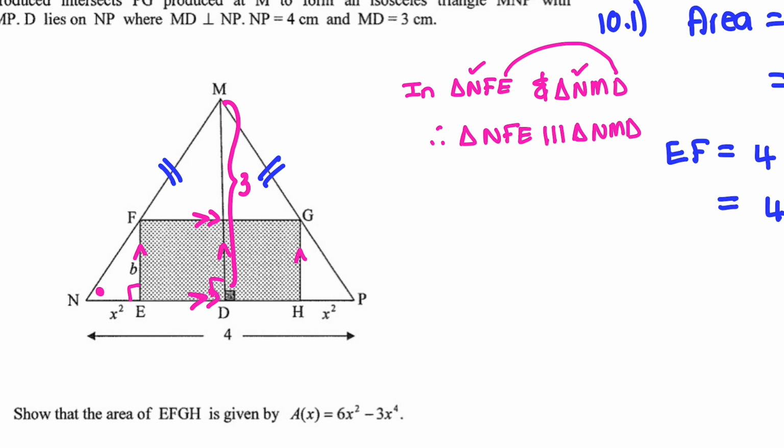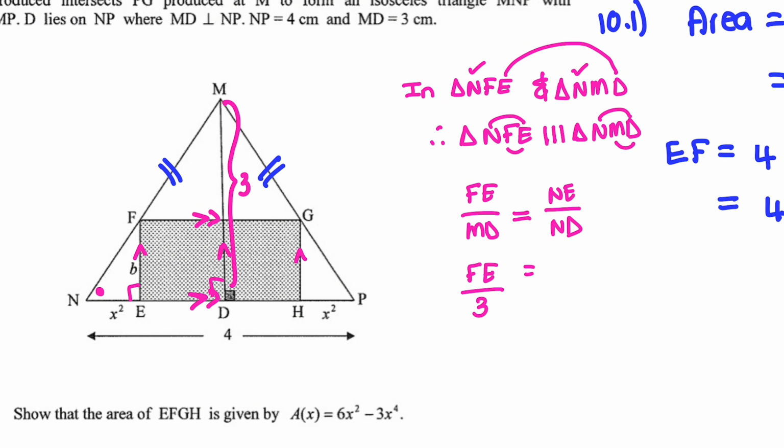And what that helps me to do is to create a ratio. So we want to find FE. So FE is grouped with MD. So FE over MD is equal to, and let's use the x squared, so that's NE. NE is working with ND. So NE over ND. So I want to find FE. I know that MD is equal to 3 units.